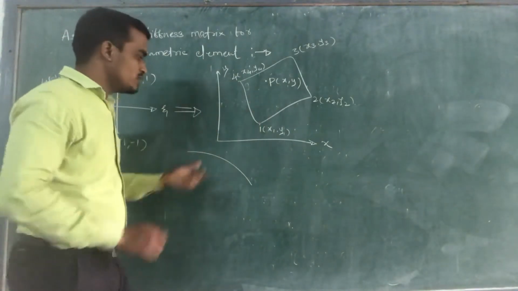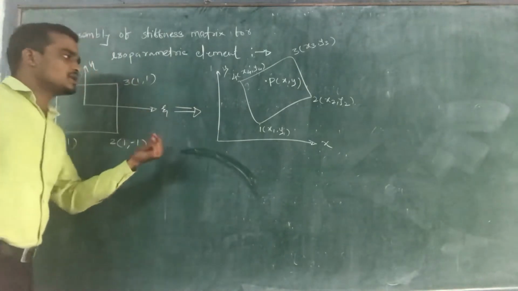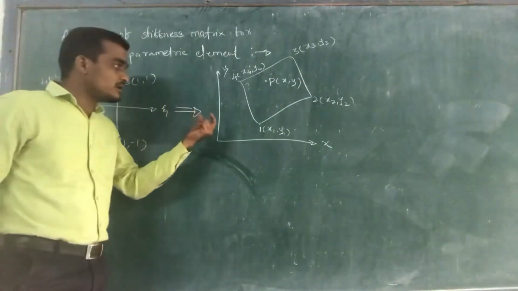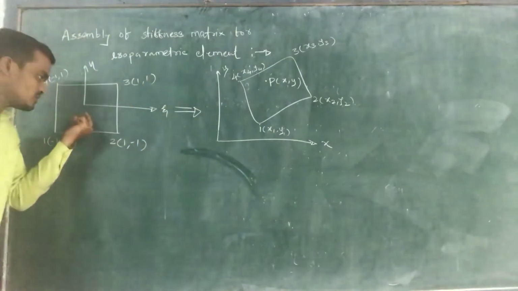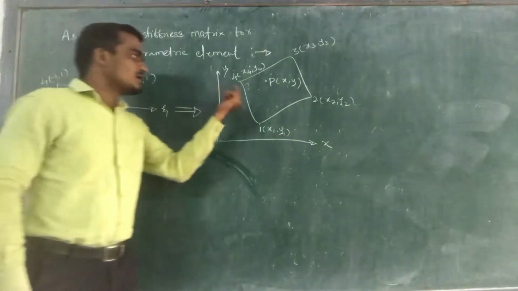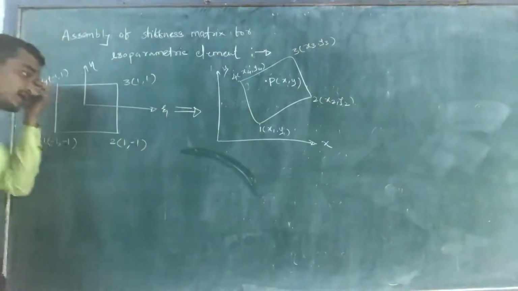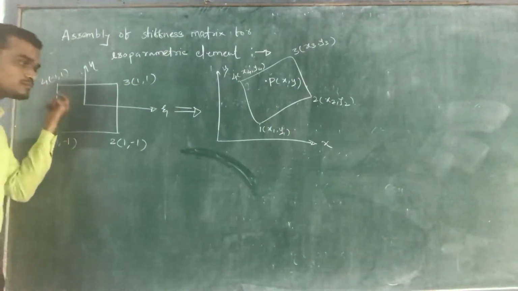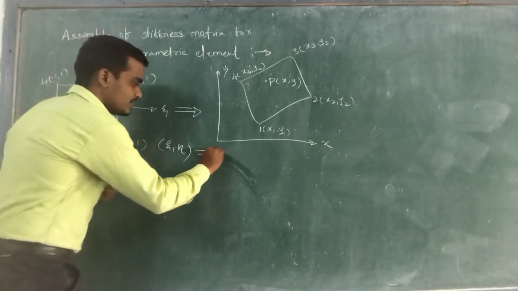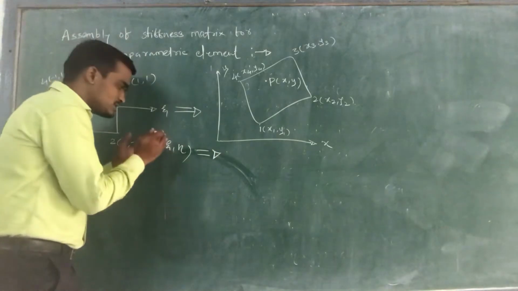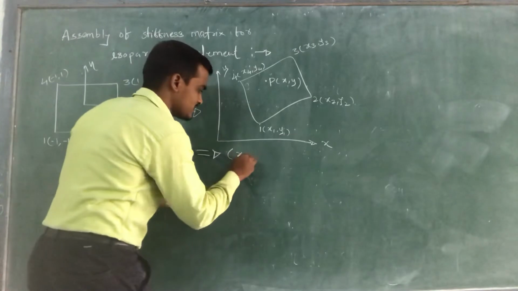Now, as we have already studied, how to transform the coordinates from the natural coordinate system to the Cartesian or global coordinate system. For natural coordinates, the coordinates are zeta and eta, and we transform these natural coordinates to Cartesian coordinates, x and y.